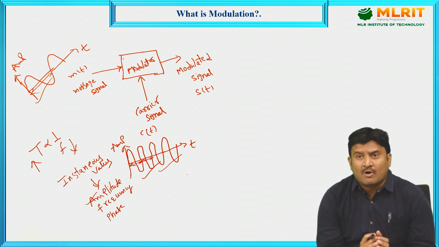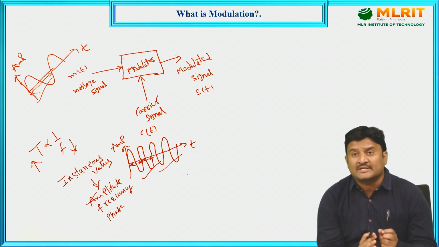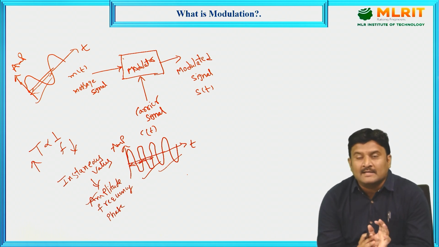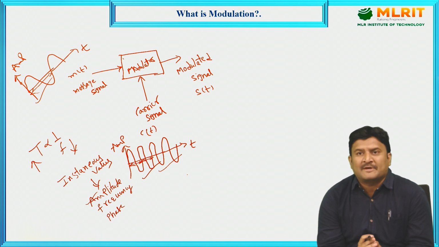There is no doubt the message signal contains the information. The carrier signal just supports or boosts the message signal information. The carrier signal does not have any information; the total information is in the message signal.